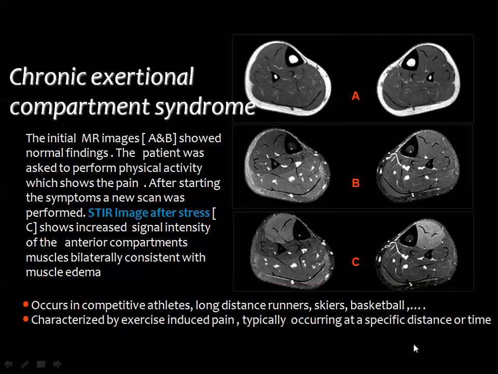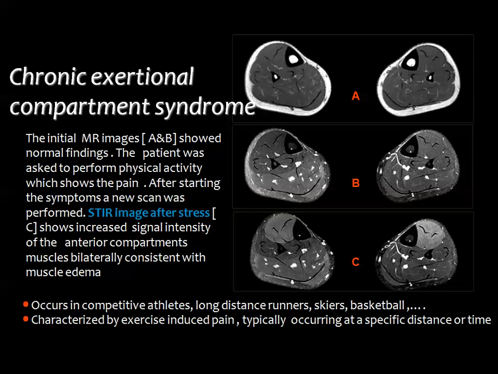Many times you are confronted by a patient who is complaining of pain in a certain muscle group, and you perform an MRI and you see absolutely normal findings. Then this is known as chronic exertional compartment syndrome, and you will see the lesion only after stress, like you can see the lesions of the cardiac muscle by stress echo or the stress thallium technique.